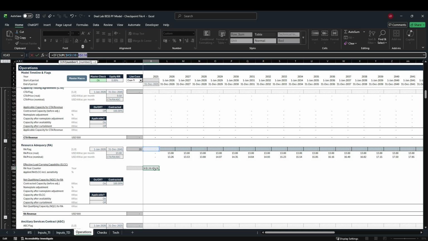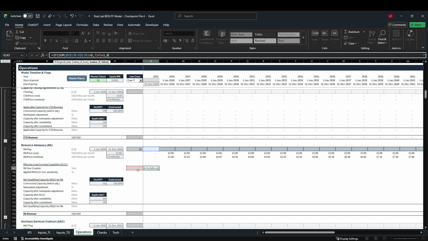So we will in each period look backwards at the total sum of these flags here. And if this sum is greater than 0, which means the flag is on, then we will look at the prior period year counter, so J143, and add 1.